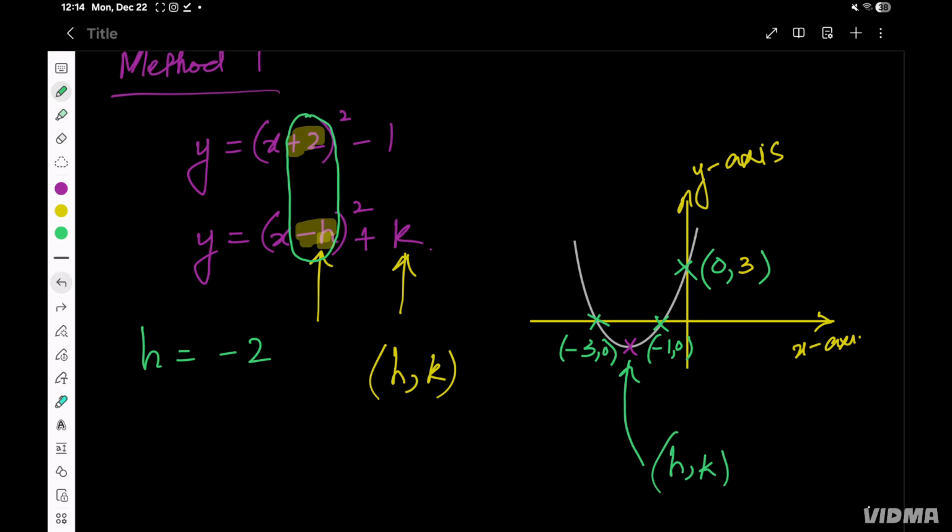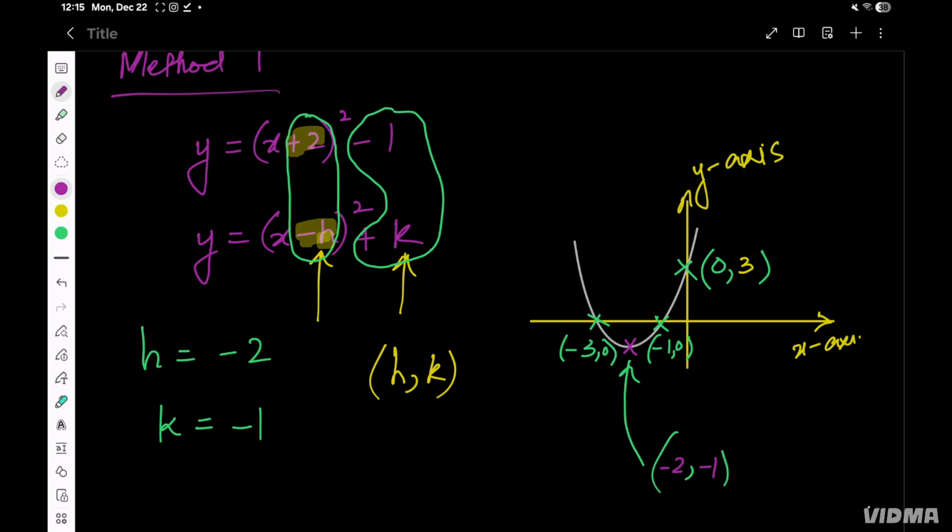In place of positive k, we have minus 1. Again the signs are different, so it means we have to take k as minus 1. Whenever you have different signs, then the answer would be negative. If the signs are same, then the answer is positive. So now we can replace our h and k with minus 2 and minus 1. This is the turning point.